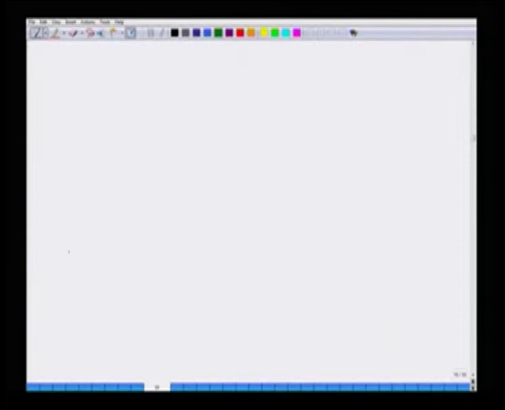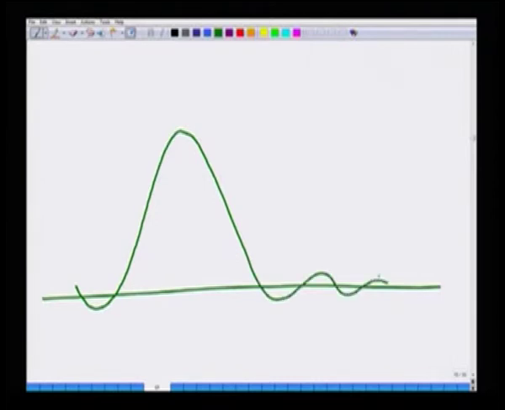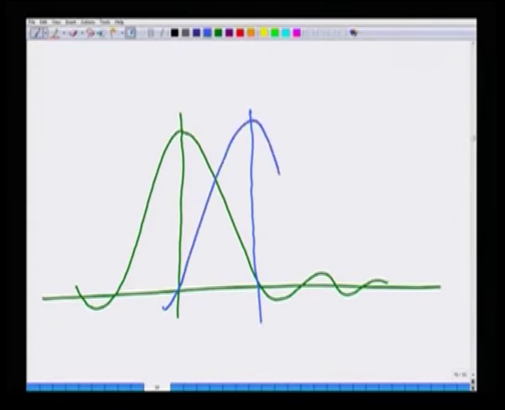If you draw a picture of this, the subcarriers in an OFDM system look like sinc pulses in the frequency domain. I have one subcarrier here, and another subcarrier adjacent to it.